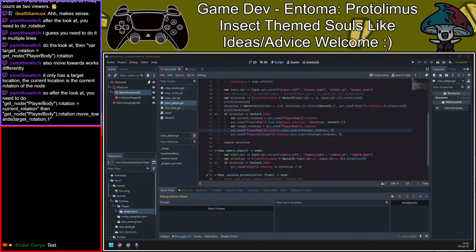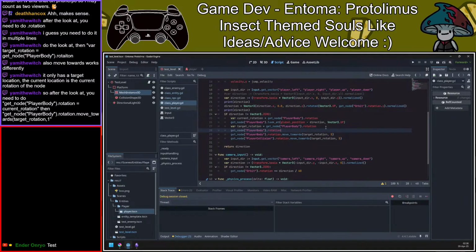You know, do get node dot rotation equals current, or wait, after the look at. Oh, okay. Okay, so you log the new location, the new thing, and then you set it back to the original.